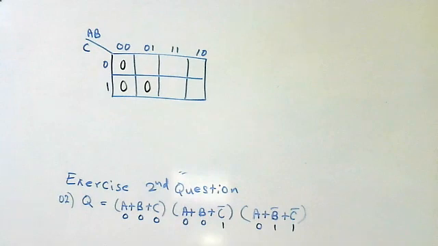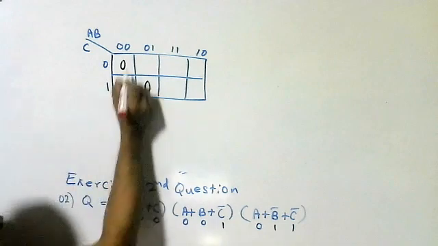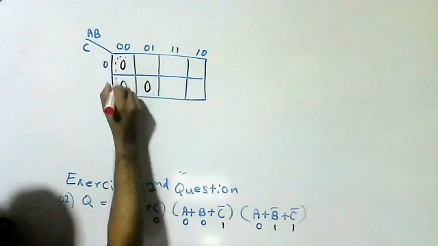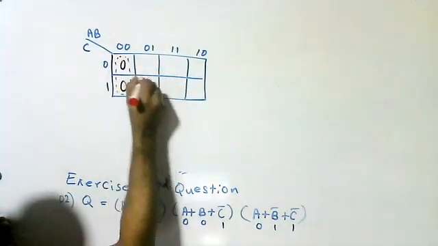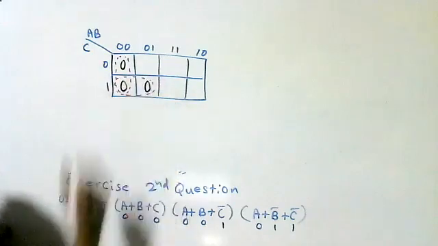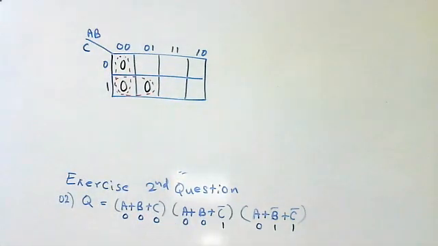We can easily group it. Only 3 zeros are there. So we can group like this. By using those groups, we can have the simplified expression.